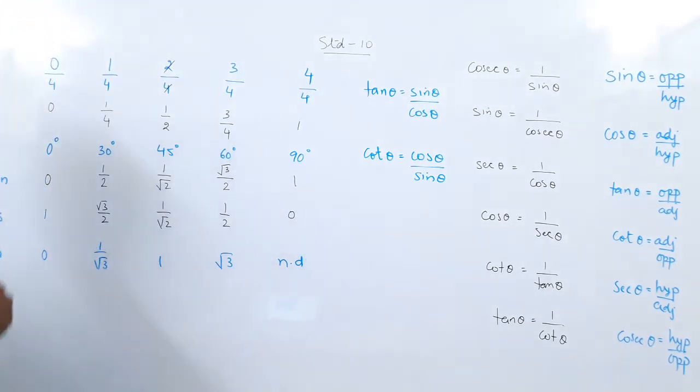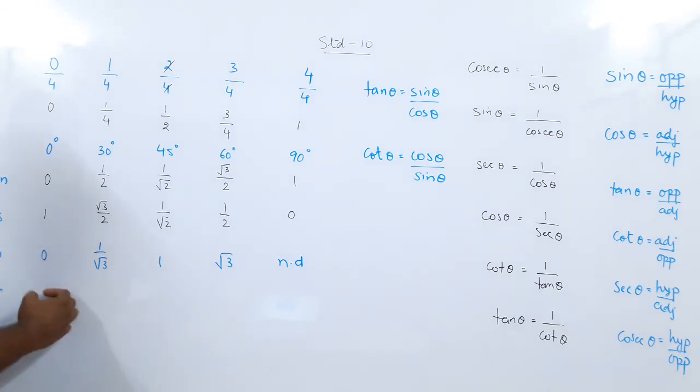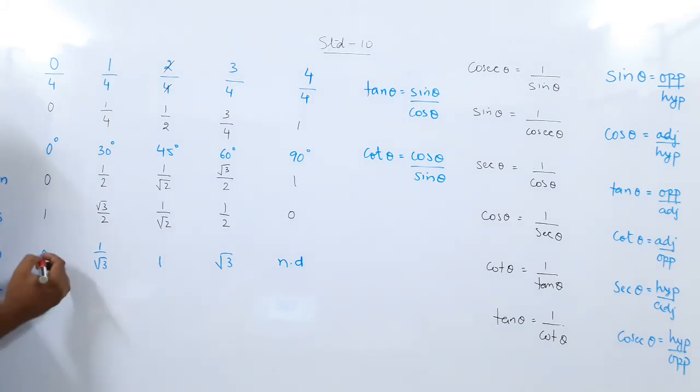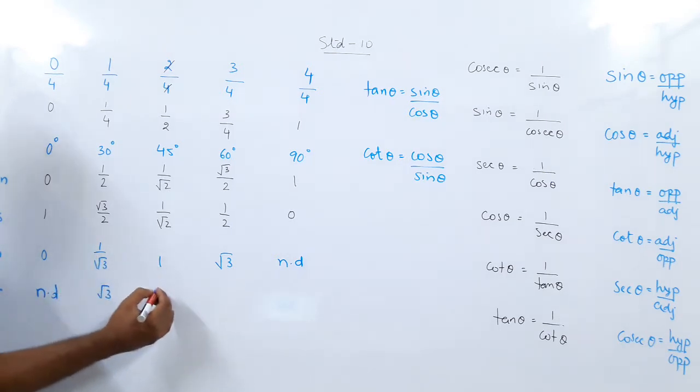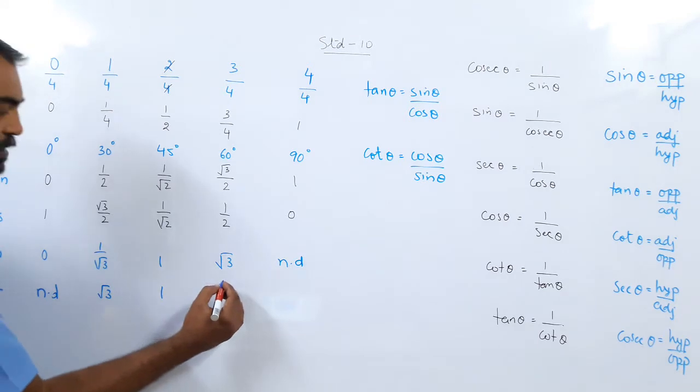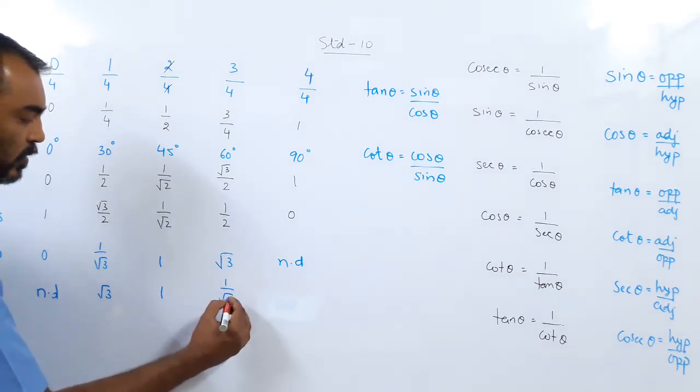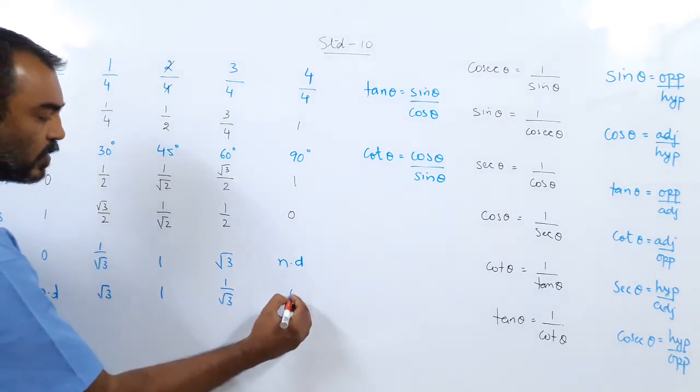So to find the cot, we can take the reciprocal of tan, or we can take the reverse of tan also. So if we go by the reciprocal, then 1 upon 0 is not defined. 1 upon root 3, reciprocal is root 3. Reciprocal of 1 remains 1. The reciprocal of root 3 becomes 1 upon root 3. And 1 upon infinity becomes 0.